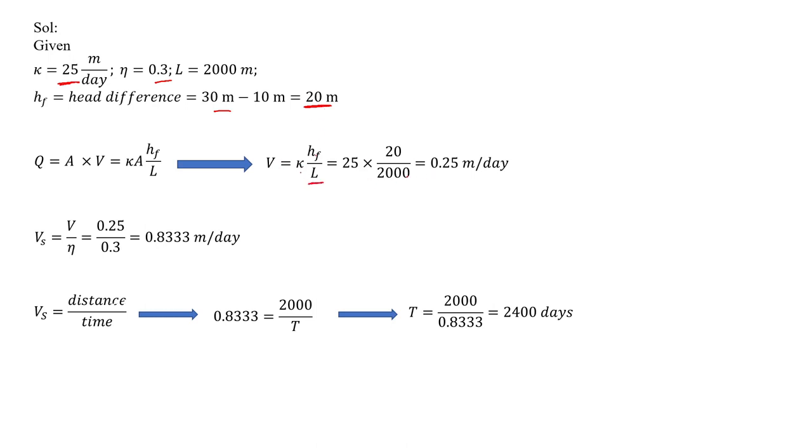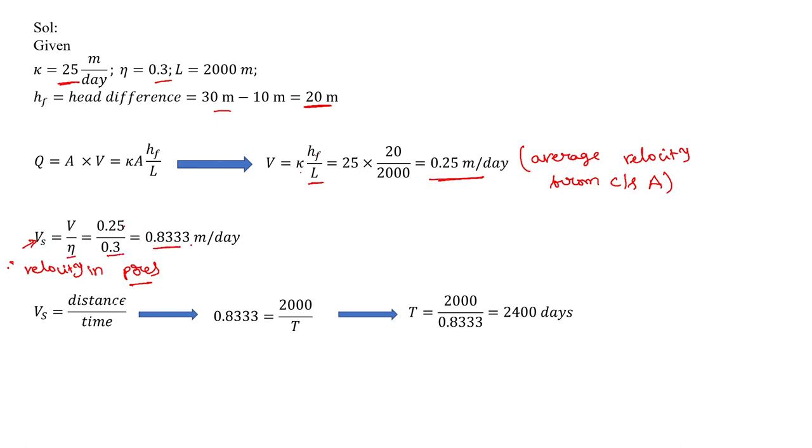By this calculation we get the average velocity through the cross-sectional area A as 0.25 meter per day. But our interest is to calculate the velocity in pores, which is Vs equal to V upon porosity, 0.25 by 0.3. So it is 0.333 meter per day, which is much higher than V.